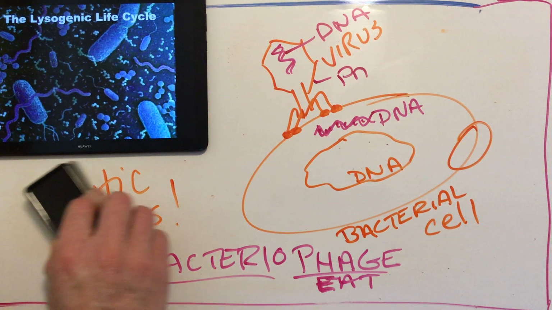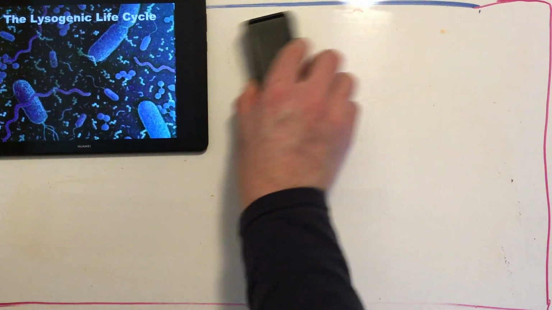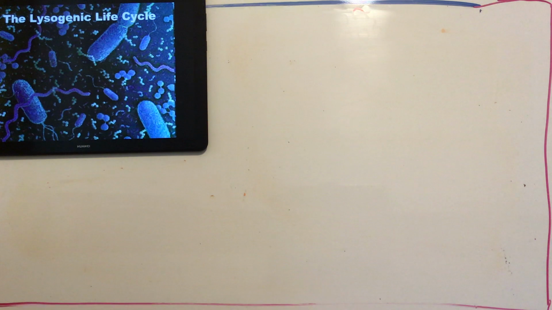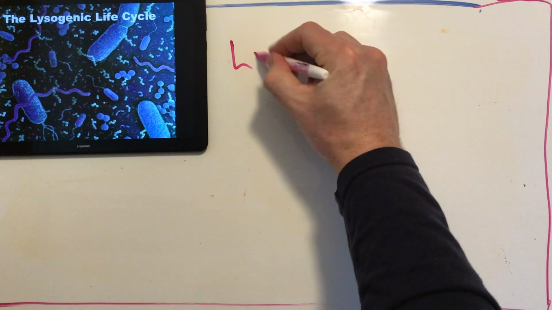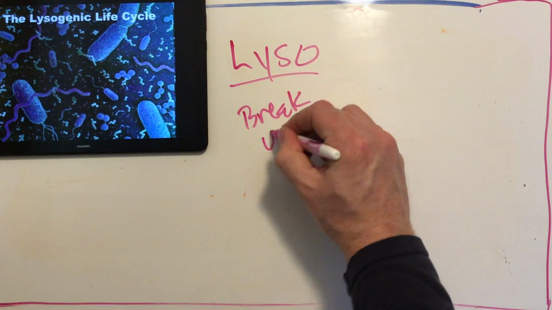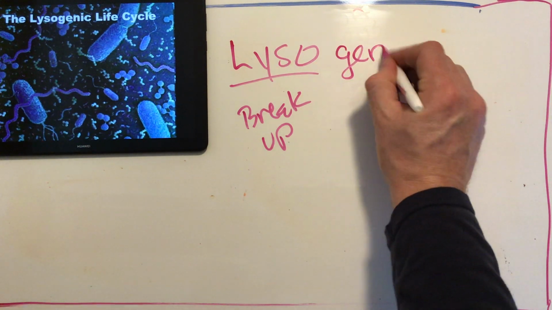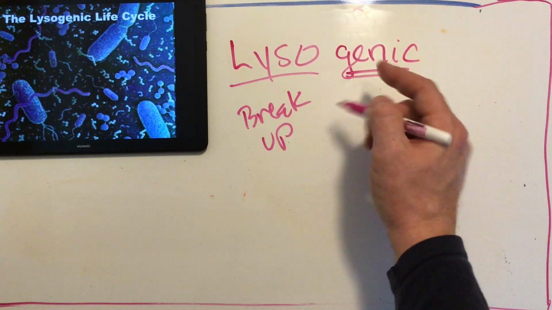There is another life cycle. The second one, I'm just going to erase my diagram here. And so the second one is called lysogenic. So there's lyso again. I know that means to break up into pieces, and that's what happens at the end. But then we've got genic here. And we've dealt with genic before.